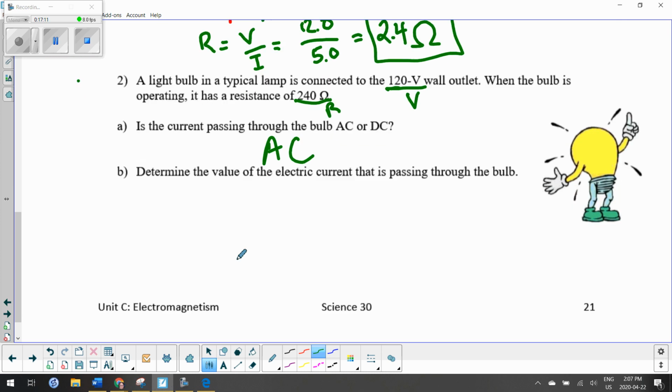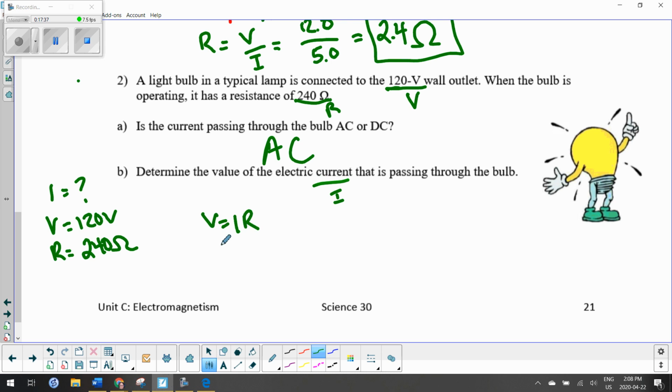Part B says determine the value of electric current, I, that is passing through the bulb. So I equals question mark, V equals 120 volts, and R equals 240 ohms. So original formula, V equals IR.